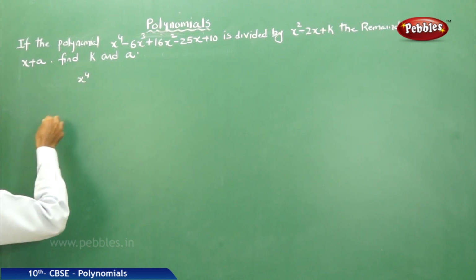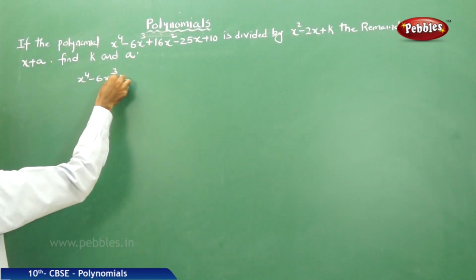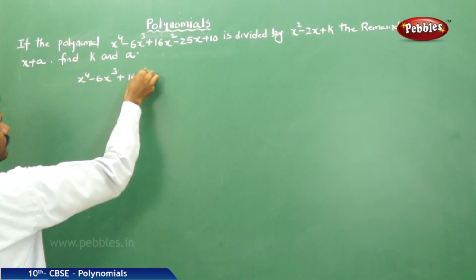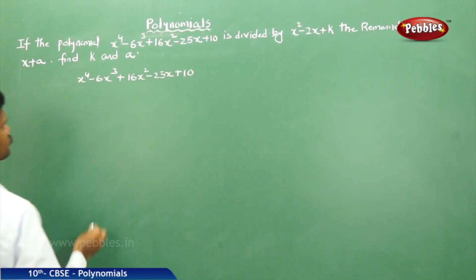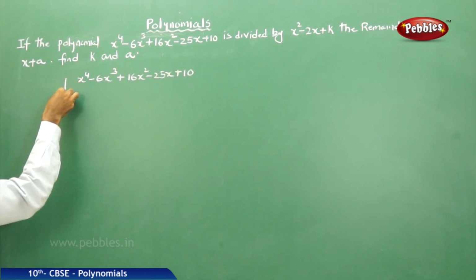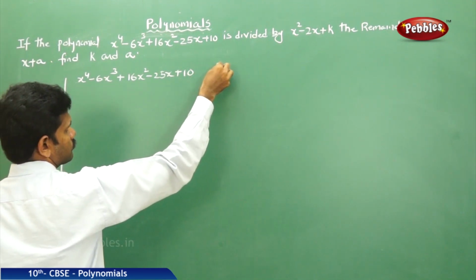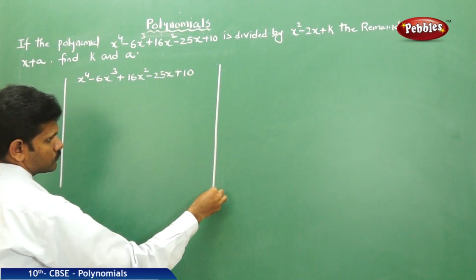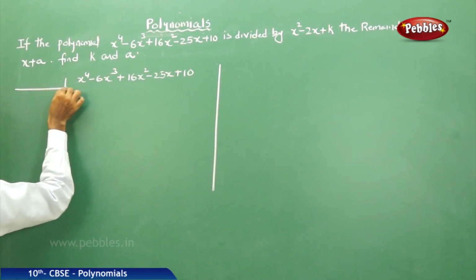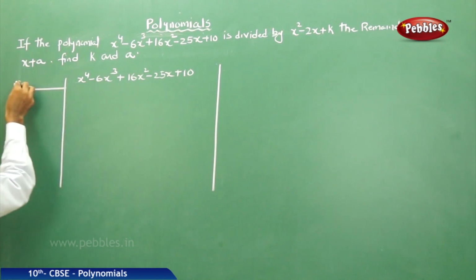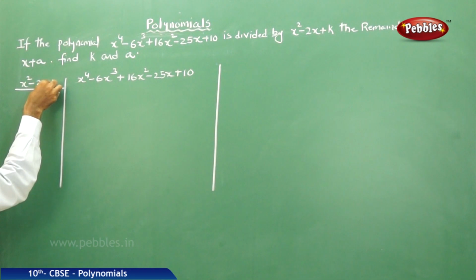x power 4 minus 6x cube plus 16x square minus 25x plus 10 is divided by x square minus 2x plus k.